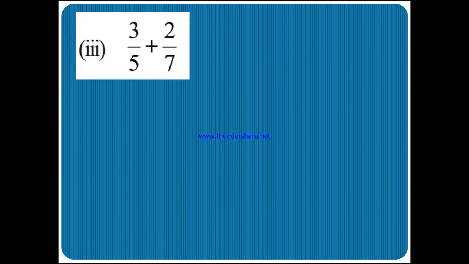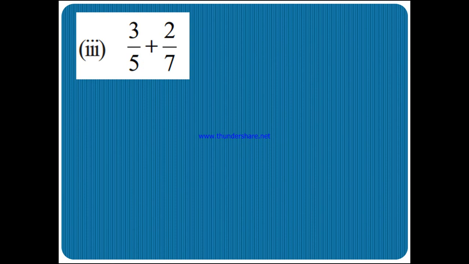Question 3. 3 by 5 plus 2 by 7. Children, in your first two questions you were just adding a whole number and a fraction, so you did the short method.